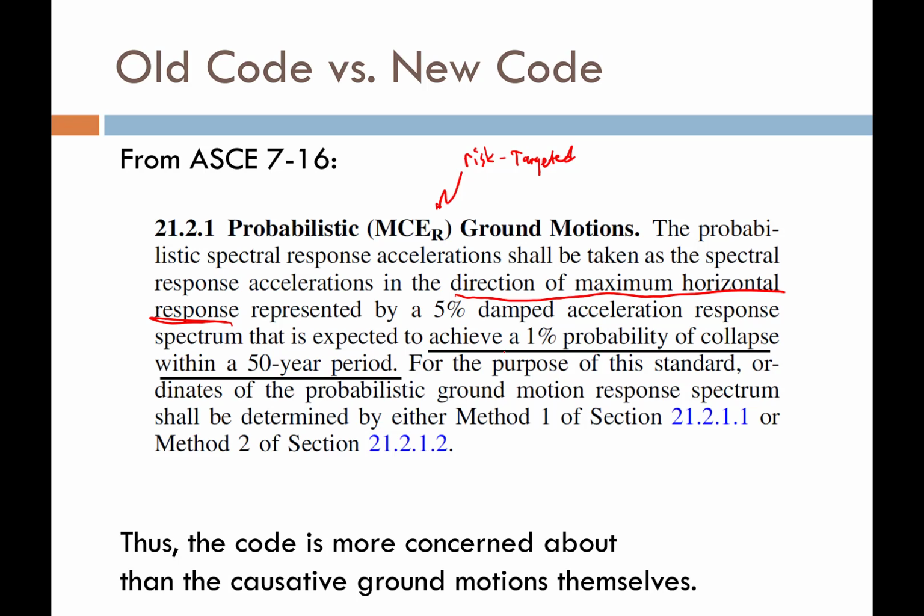So the 2 new things that appeared that weren't in the code before are, first, this direction of maximum horizontal response, and second, the compatible spectrum that is expected to achieve a 1% probability of collapse within a 50-year period. Now, collapse of what, you might be asking? Is this a collapse of a steel building, collapse of a concrete building? What is it?